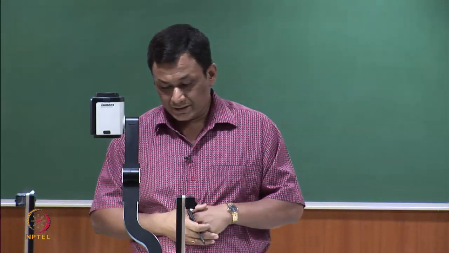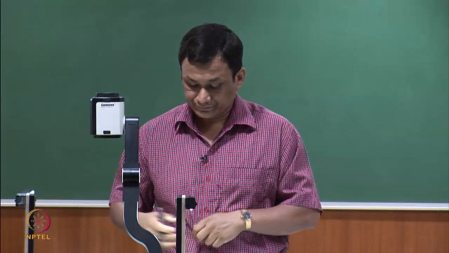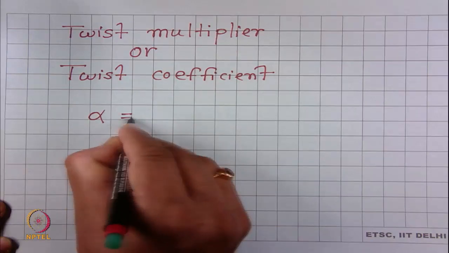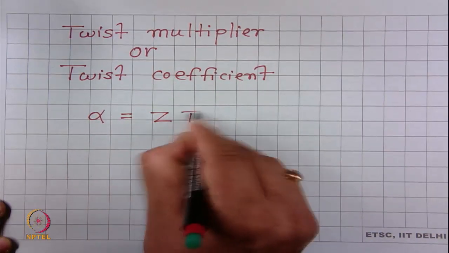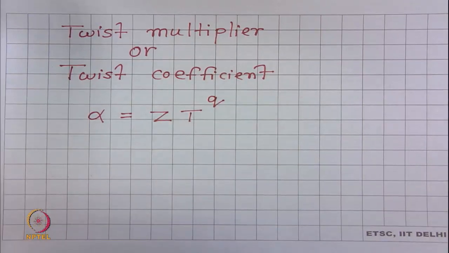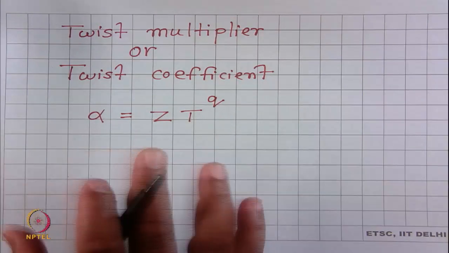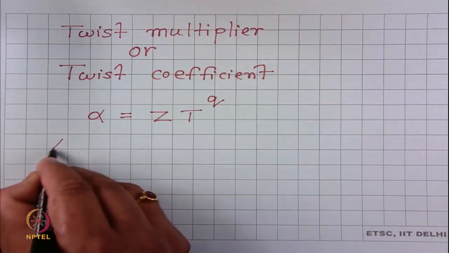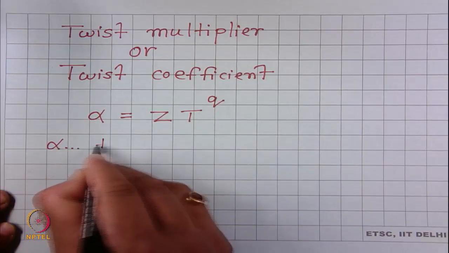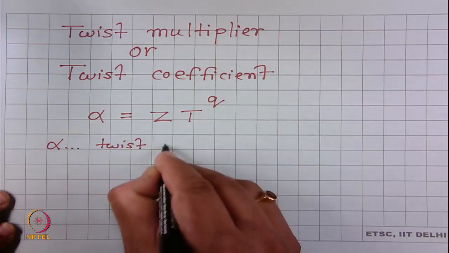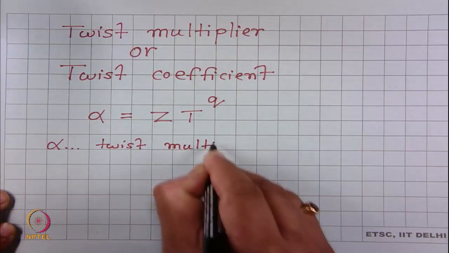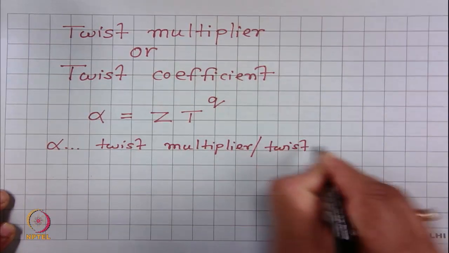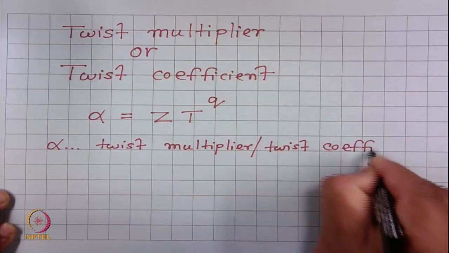Now, what is twist multiplier or twist coefficient? Alpha is z t to the power q. Later on, in some of the modules, we will speak about this relation. This alpha is twist multiplier, or twist coefficient.